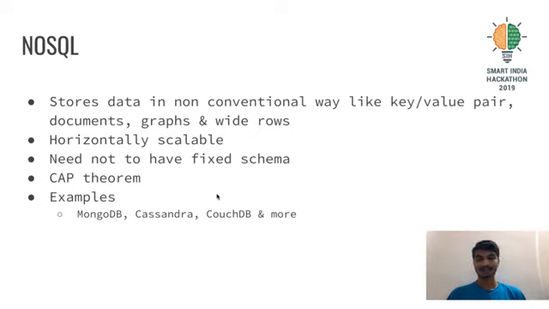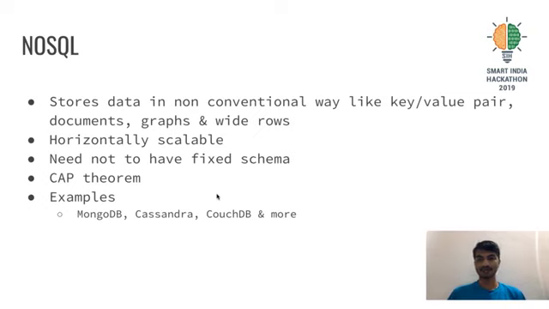Another thing is that most RDBMS databases are CA based databases. In the CAP theorem we have consistency, availability, and partition tolerance. All the RDBMS databases are consistent and available. They are CA based databases. But in NoSQL databases, I can configure what I want to have.